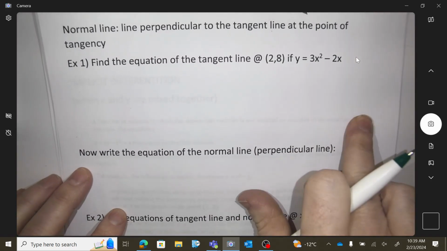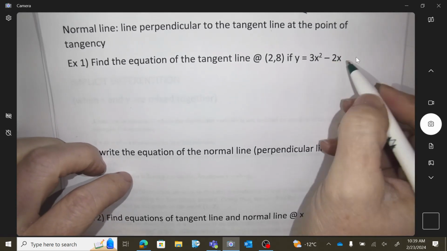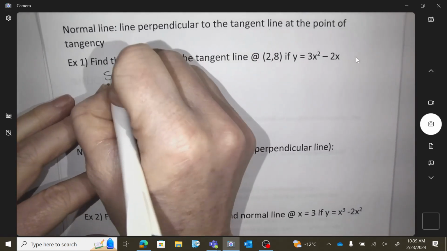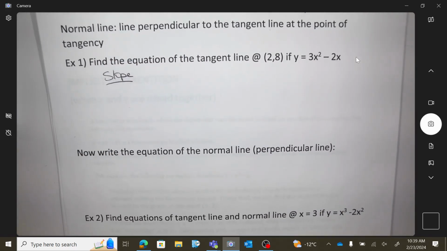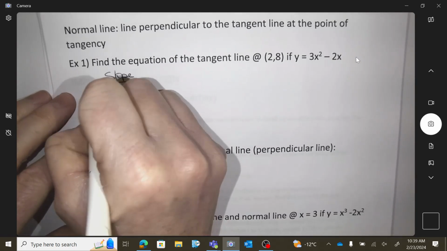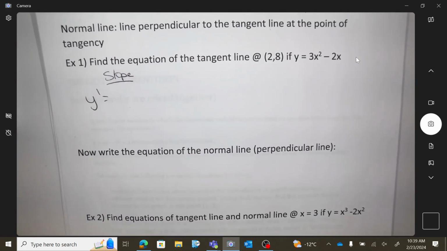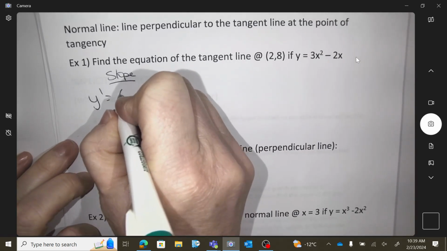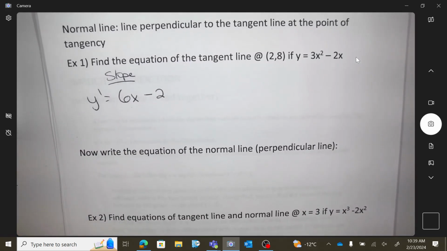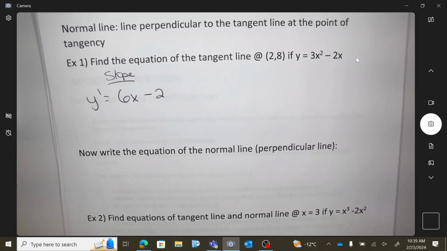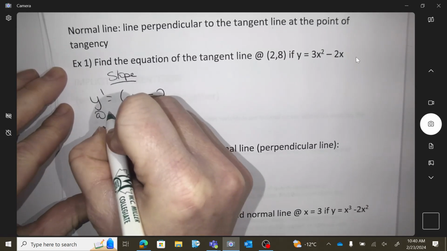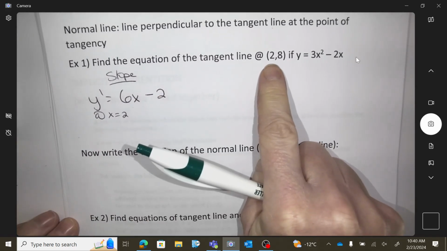Find the equation of the tangent line. So first of all, how do you get slopes of tangent lines? How do you get a slope? You do a what kind of process? Derive. So I need the derivative of this. So 6x minus 2. So what is the slope when x is at this point?